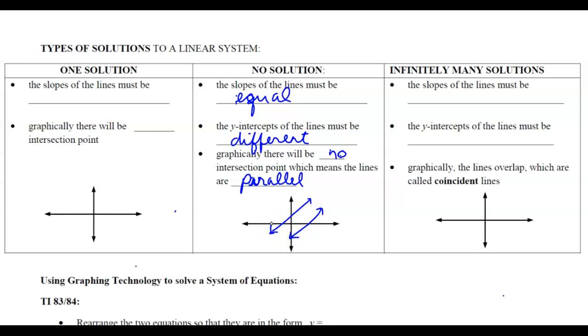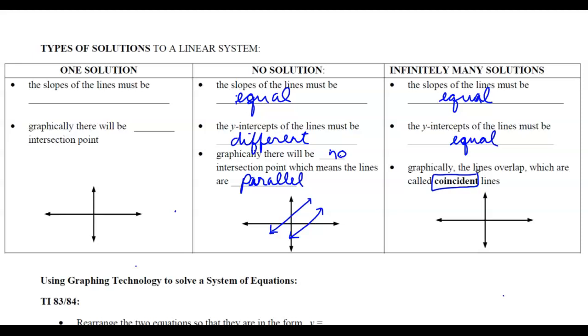Okay. For infinitely many, the slopes of the line must be equal. And the y-intercepts must be equal. They're exactly the same line. Graphically, the lines overlap, which are called coincident lines. So co means together.